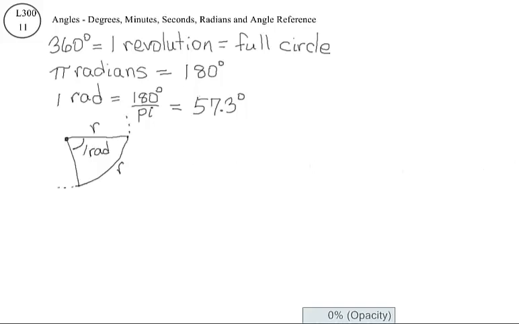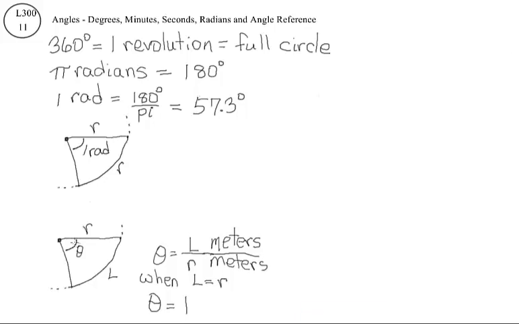More generally, we can do it with any circle of any radius. Whenever the arc length L is divided by the radius, L meters divided by R meters, the result is an angle, and that angle is in radians.